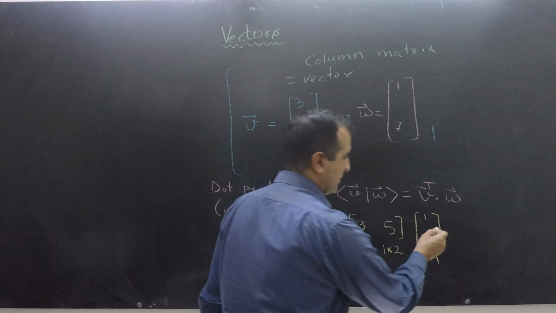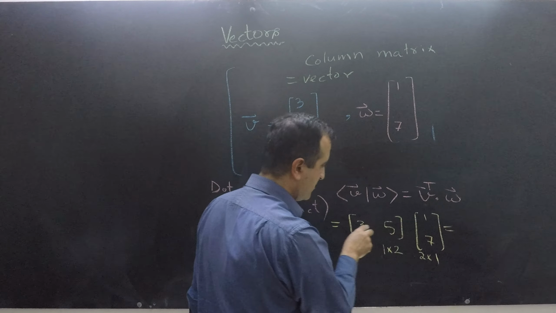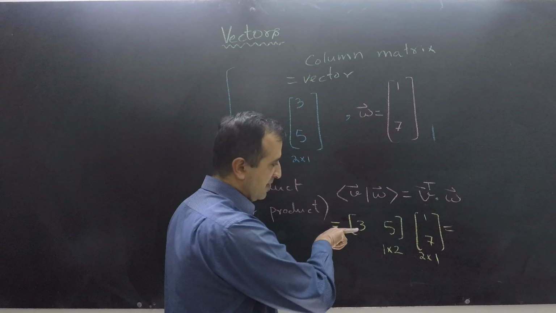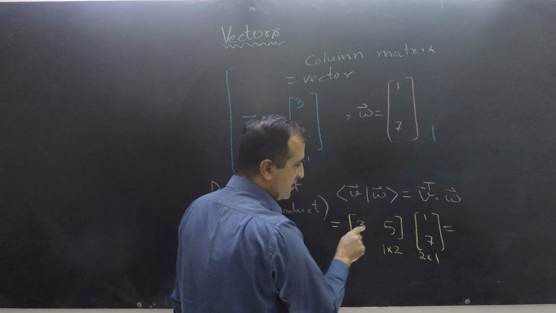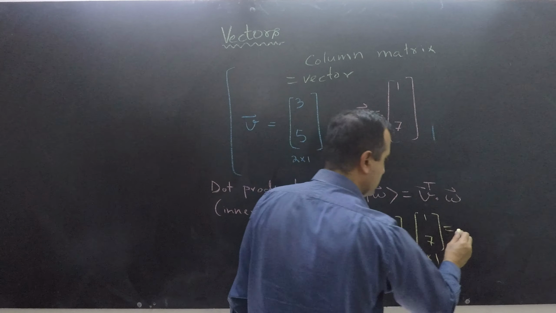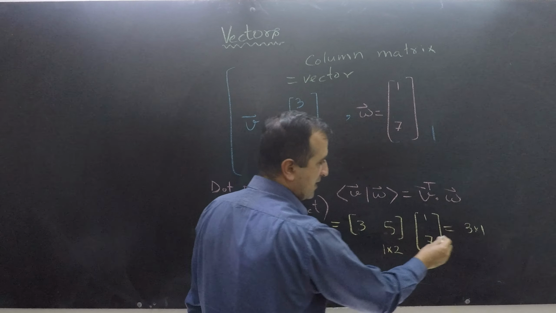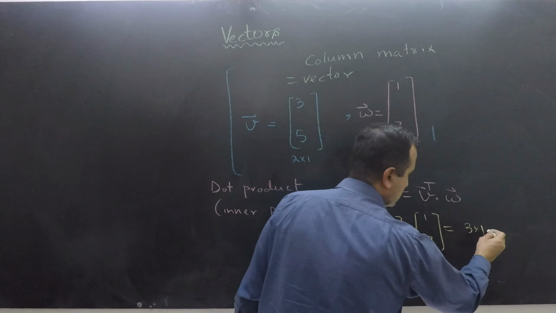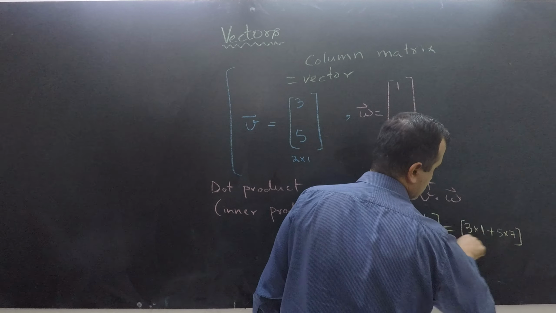So now let's multiply. This is a matrix multiplication: first row with first column. So 3 times 1, which is 3 obviously, plus 5 times 7. And because it has only one row and one column, that will be it.